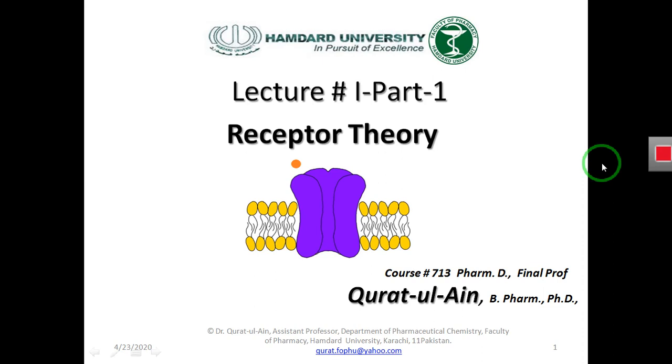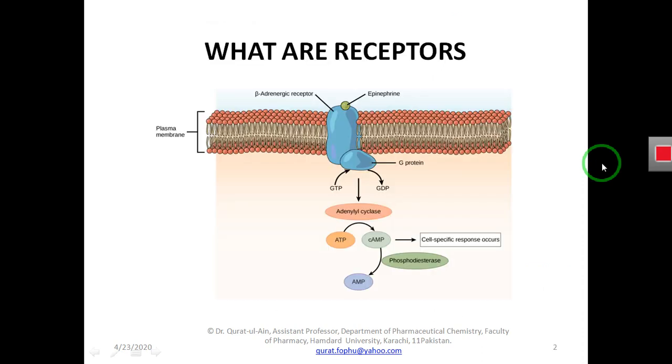We also have to understand the different classes of receptors, how these classes have been defined or subdivided, what the structure of receptors is, and the chemical basis of binding of ligand with the receptor. So let's start from here.